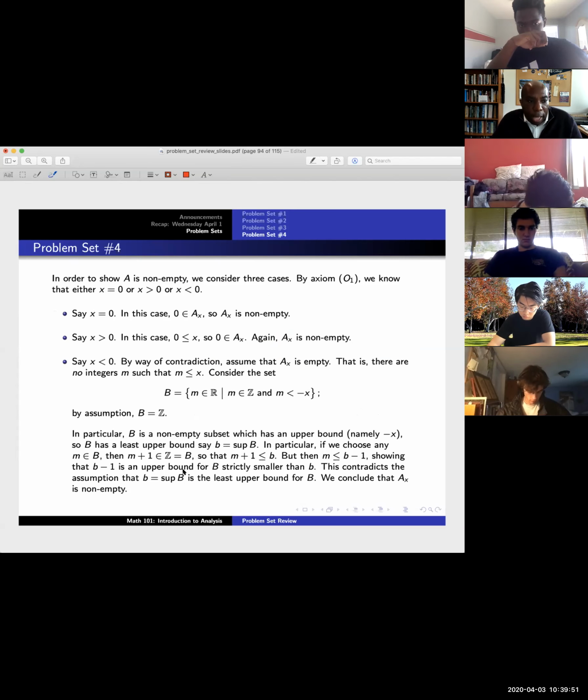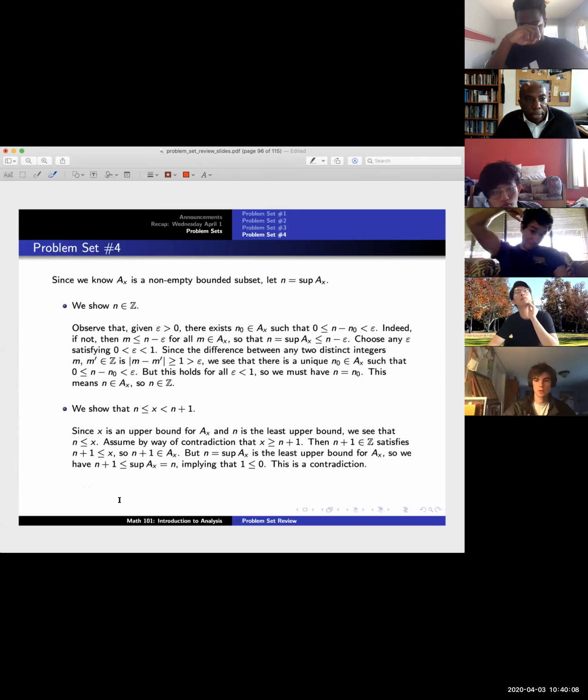I proved in class that the set is non-empty. This here is just a write-up to show that the set A is a non-empty set, and again, we just did this in class. The point is that it's a bounded set, it's a non-empty set, so that means that it has a supremum. Let's let n be the supremum here.